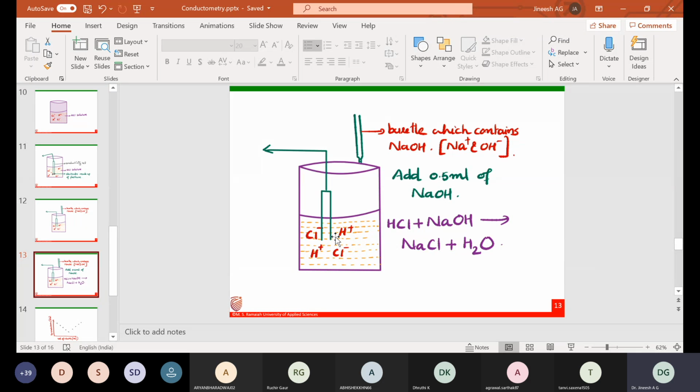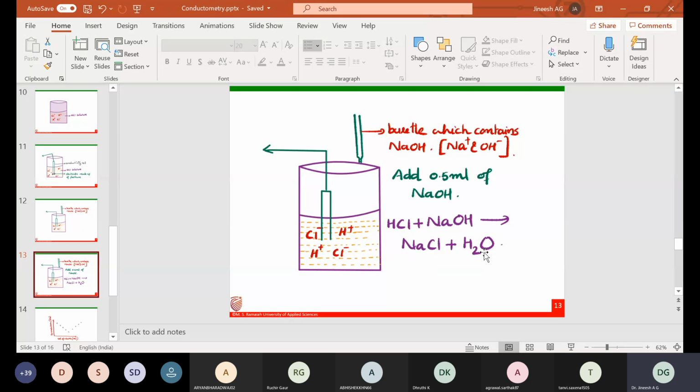During that mixing, what happens? The NaOH that we supplied will react with some of the HCl and form NaCl and water. Am I right? Simple equation. We know that hydrochloric acid reacts with sodium hydroxide to form sodium chloride and water. Clear?